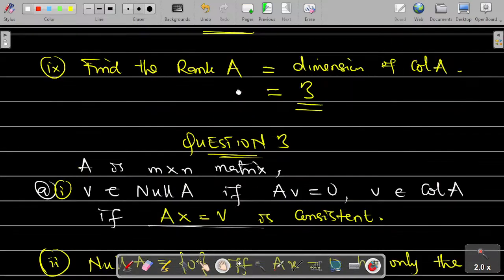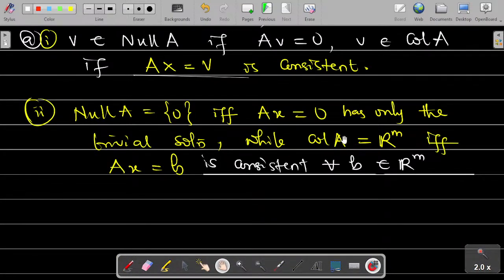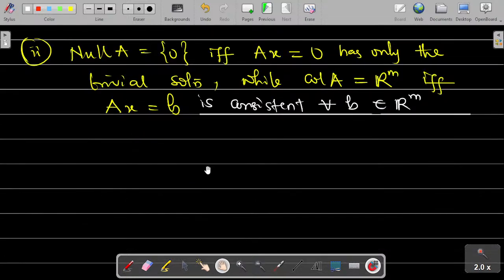So we are now saying that for the column space of A to be equal to Rm, all elements of Rm must have the same dimension as the column space of A, and then if you put them in this equation, they should all be consistent. All right, and that's that for question A.